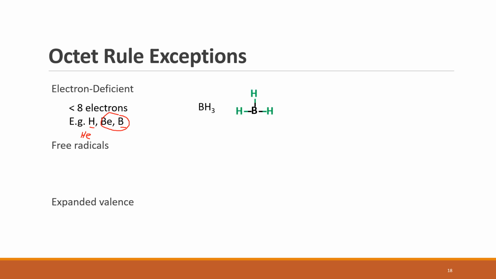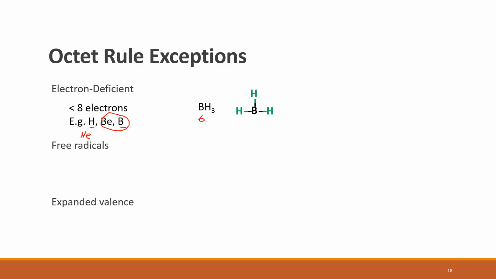An example would be boron trihydride, shown off to the right. So boron trihydride, boron would be the central atom with the 3 hydrogen terminal atoms around it, each bonded by a single bond. Now, when we draw this structure, and if we counted the total valence electrons for boron trihydride, the total we would get would be 6.